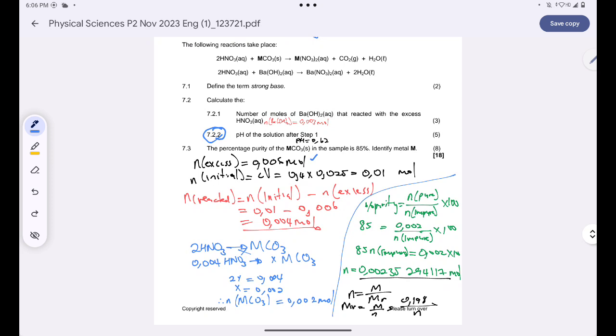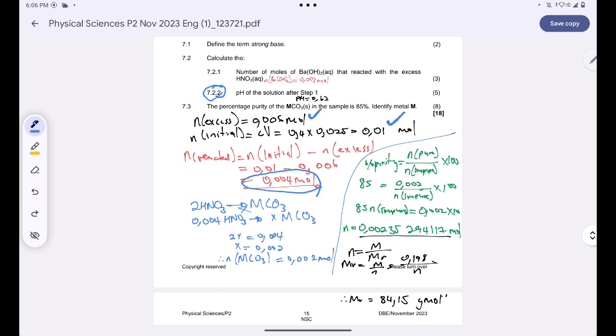Are we together? This one is for the acid. This is the initial number of moles of the acid. This was the excess number of moles of the acid, and then I calculated the number of moles which actually reacted with the metal carbonate. I got 0.04.